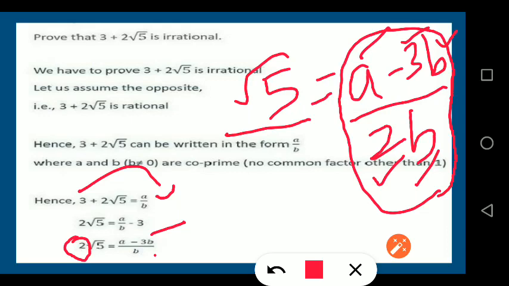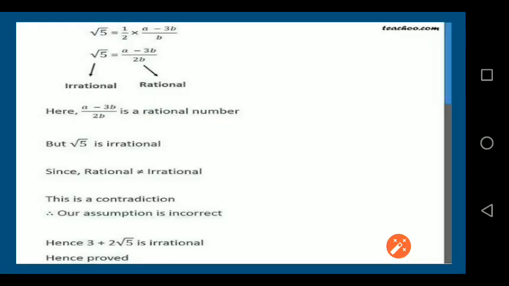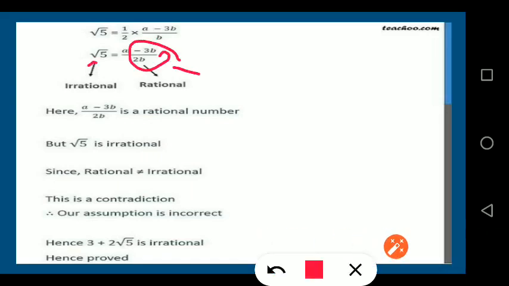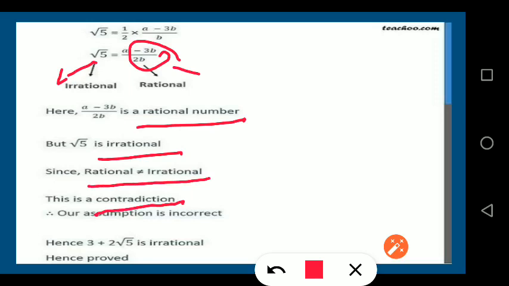So what we get is root 5, an irrational number, equal to a minus 3b by 2b, a rational number. Which means that a rational number is equal to an irrational number, but it is not possible because a rational number is not equal to an irrational number. Hence we come to the contradiction. What we have assumed is incorrect. Thus 3 plus 2 root 5 is an irrational number.